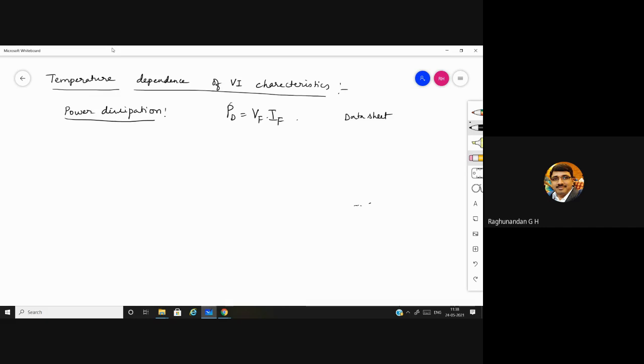If you cross that maximum power, then power dissipation, that is heat dissipation, starts, and finally the device is going to be damaged. Once the device is damaged, we call it derated.